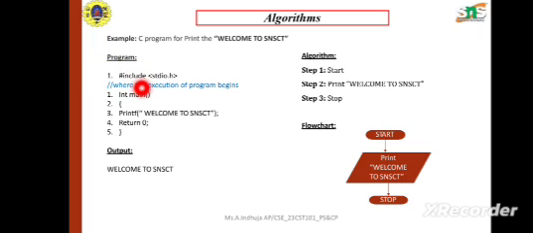First, hash include stdio.h. Hash include means we are going to include some library files into our program for standard input and output. The standard input and output functions are printf and scanf. Printf is used to print the statement or output.